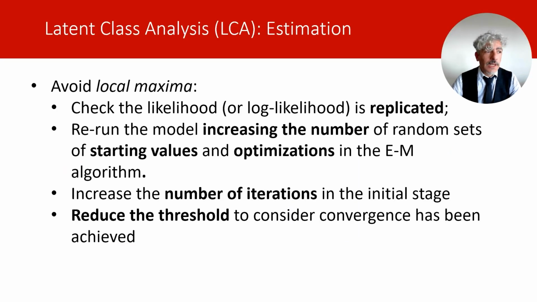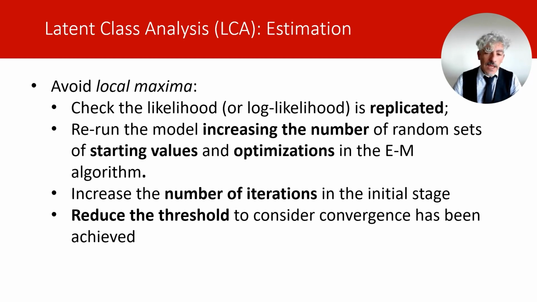And what we can actually do is a series of steps. The most important ones are, first of all, to check that the different runs of the algorithm return the same value of the best likelihood several times. For example, more than 20 times.